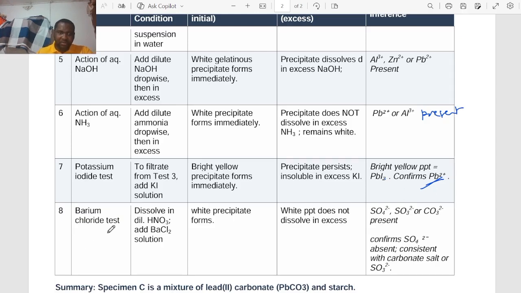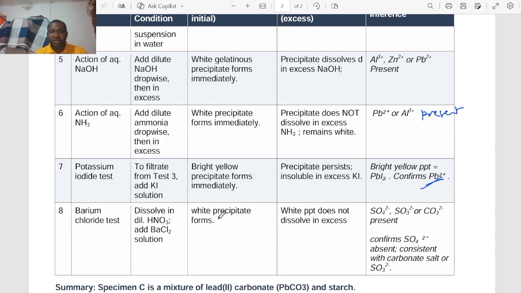Then we have the barium chloride test. First of all, we dissolve in HNO3 and then add barium chloride. I already told you that HNO3 can be used to dissolve the solution. In fact, if you want to separate it, add HNO3, it will dissolve the lead carbonate. Okay, then when you add barium chloride, a white precipitate is formed. I already told you the reason for that. Now, the white precipitate does not dissolve in excess.